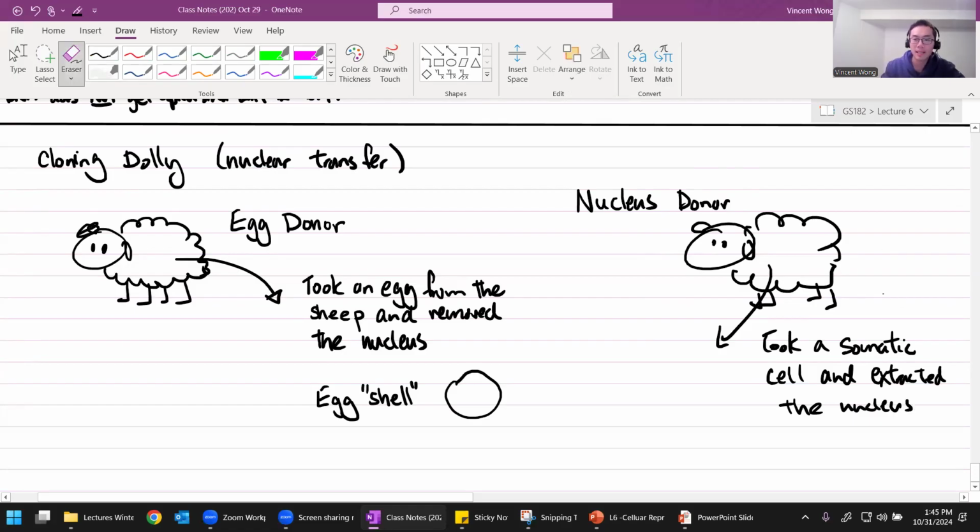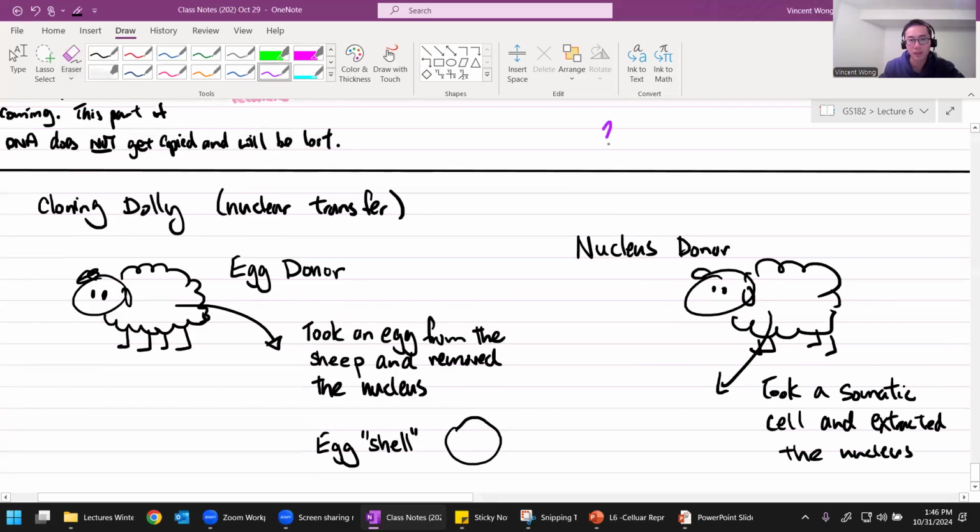A somatic cell is any cell in the body except for the germ cells. There are two kinds of cells in the body. Just as a side note here, germ cell and somatic cell.